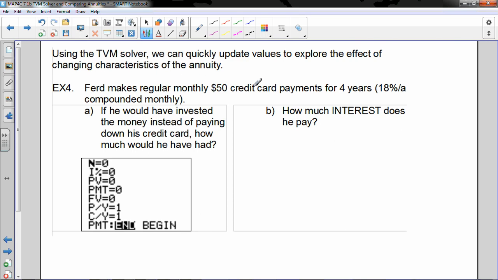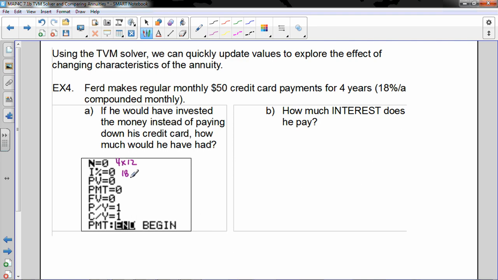He makes $50 credit card payments for 4 years. And the first question is, if he would have invested the money instead of paying down his credit card, how much would he have had? So if the interest went into an investment rather than back into his account, how would that work out for him? So let's just see. 4 years, monthly, interest rate is 18%, which is actually a pretty cheap credit card, by the way, folks.